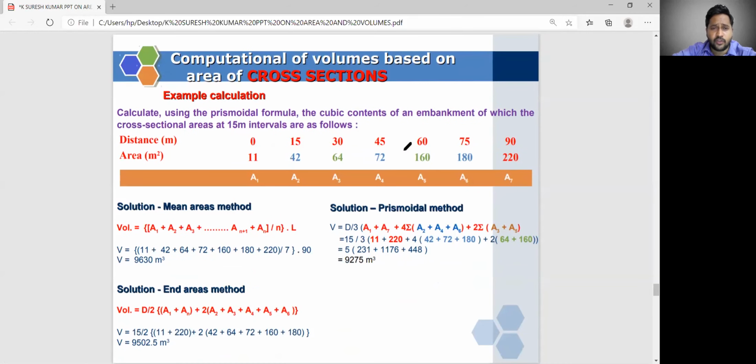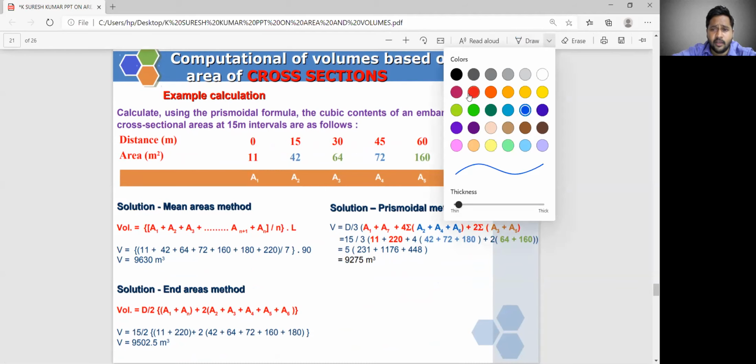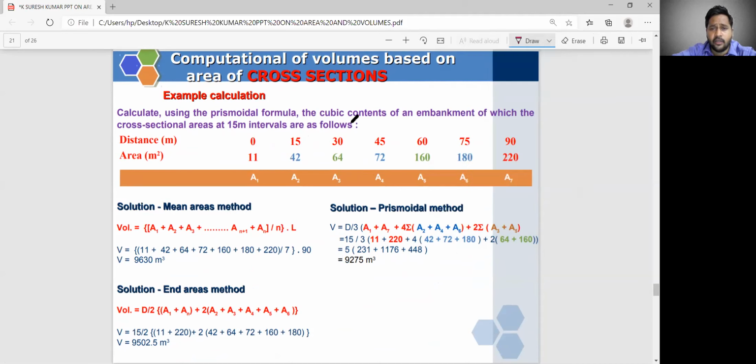Now I will solve all the three methods in one problem. I will explain it today. Calculate, by using the trapezoidal formula, the cubic content of an embankment of which the cross-sectional areas at 15 meter intervals are as follows.